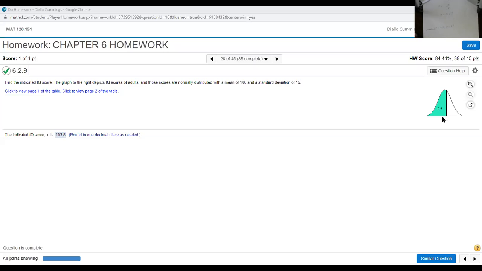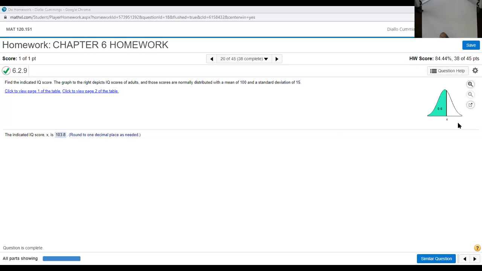Right, so notice we're given X as our variable, and X is what we want to find. The graph depicts IQ scores of adults. These scores are normally distributed with a mean of 100 and a standard deviation of 15. Right, so notice I'm given that the area or the probability is 0.6, and I actually want to convert that area to a z-score. So if you remember the second formula we had, X was equal to the z-score times the standard deviation plus mu.